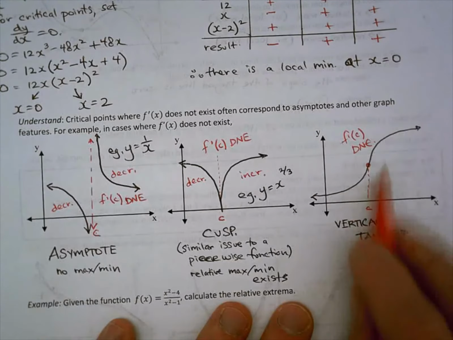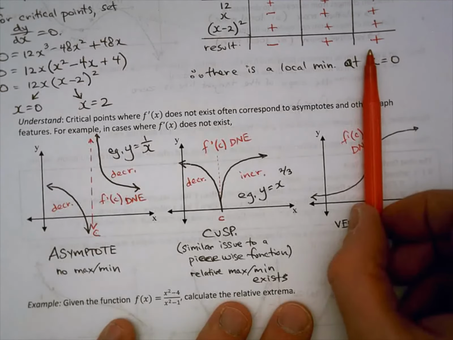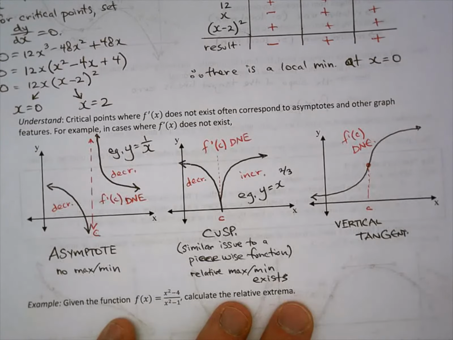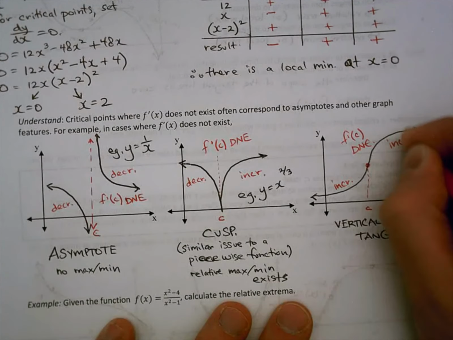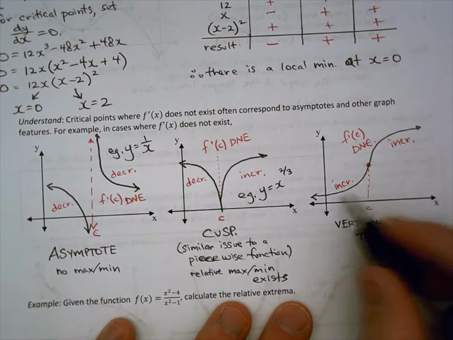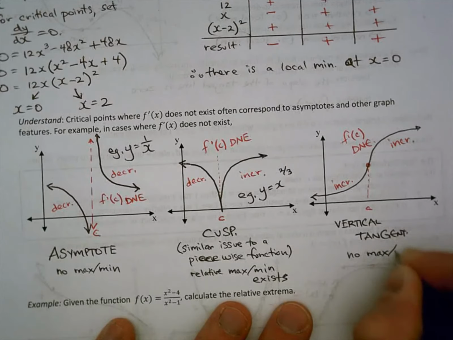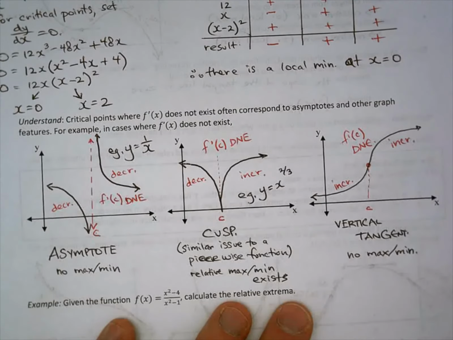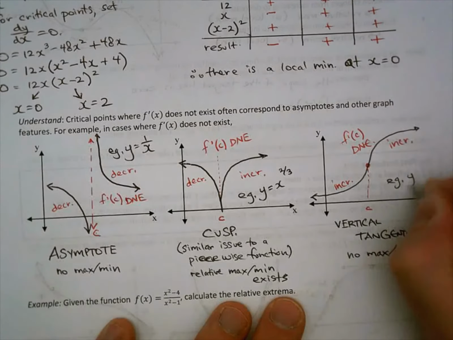Because for a split second, the tangent line would be vertical, which is impossible. You have on the left a region of increasing. You have on the right a region of decreasing. So because there's no sign change, you have no max or min. If you must know, an example of this would be y is equal to x to the 3rd.